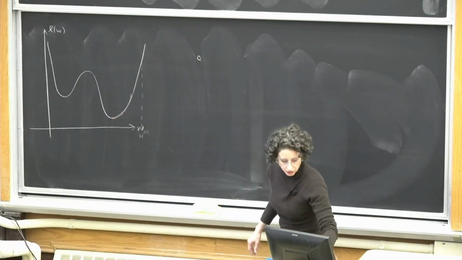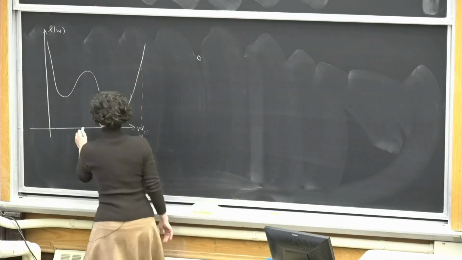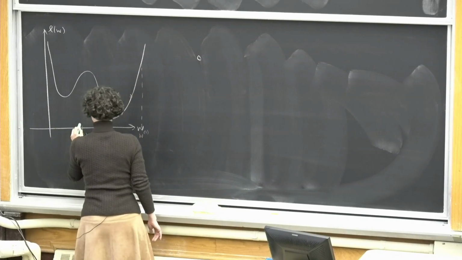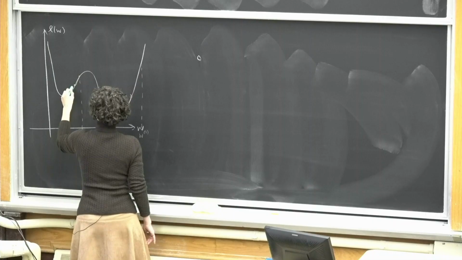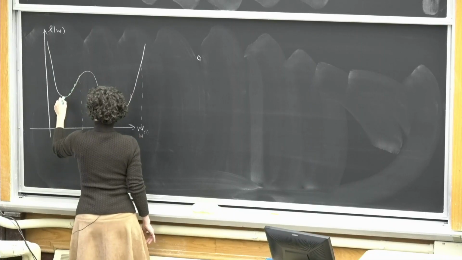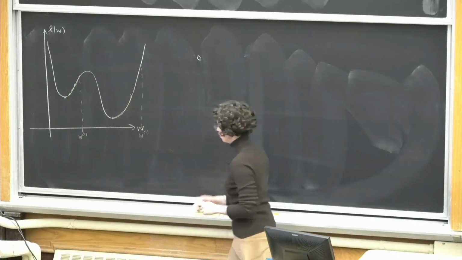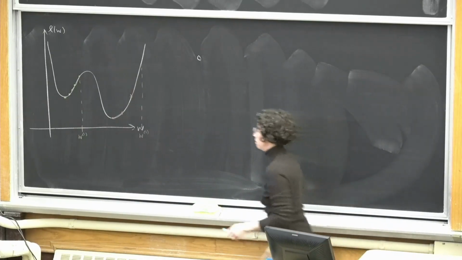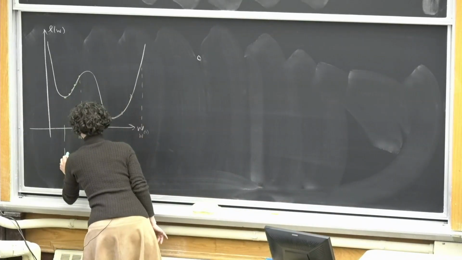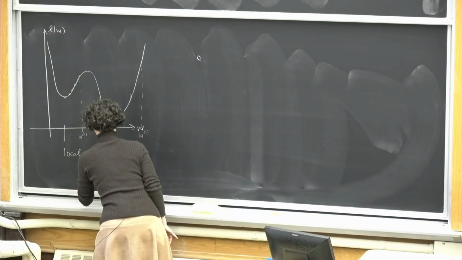But if I had chosen to start, let's say here, and I do gradient descent, then gradient descent is telling me to follow the direction of descent, and I end up in a place that's a local minimum and not a global minimum. So this is a local minimum.